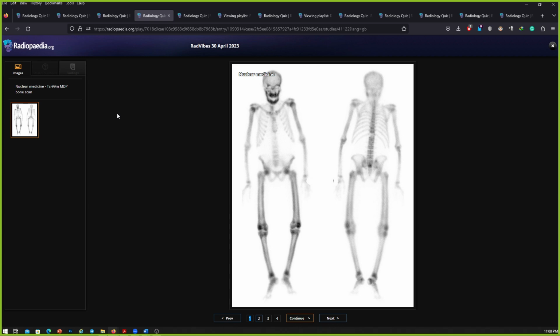And there is homogeneous diffuse increased uptake within the appendicular skeleton, the mandible and the skull. No focal increased uptake or masses that I can see.